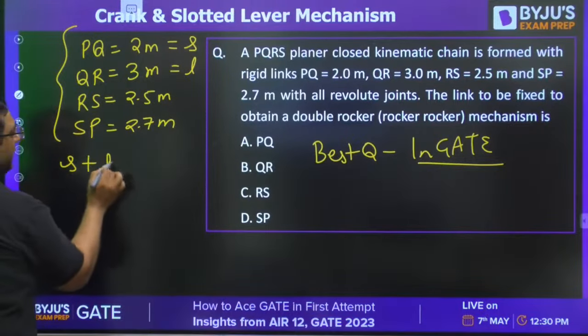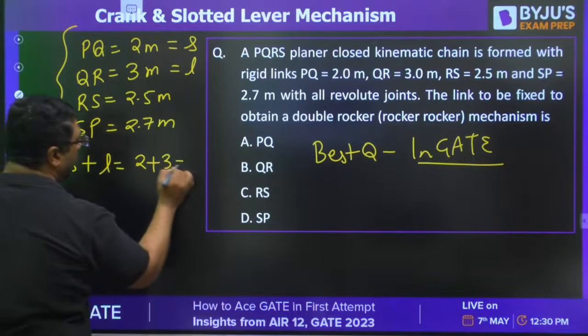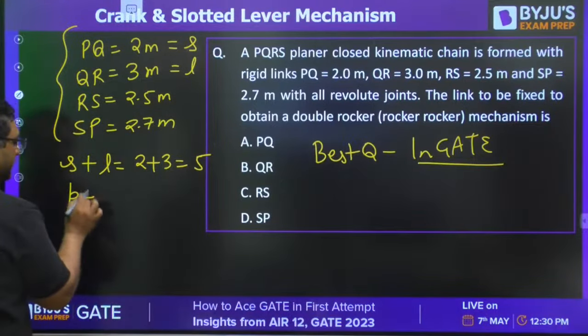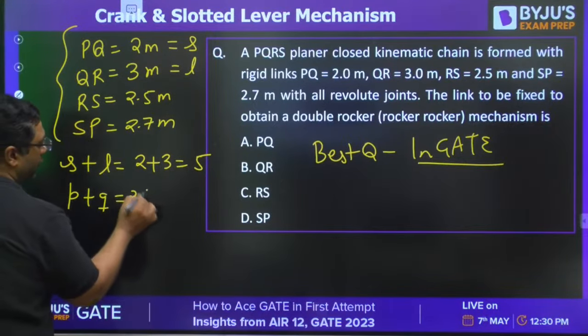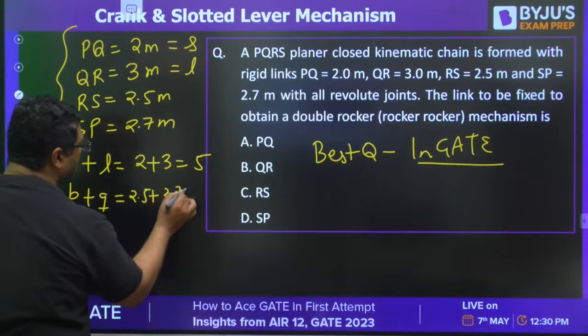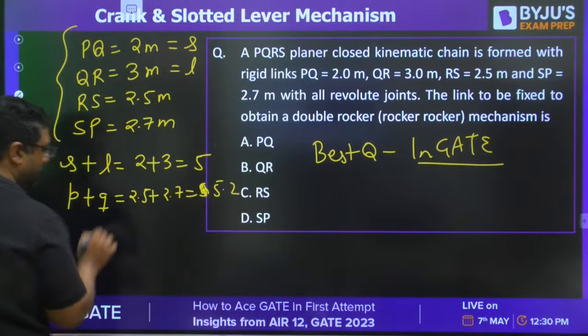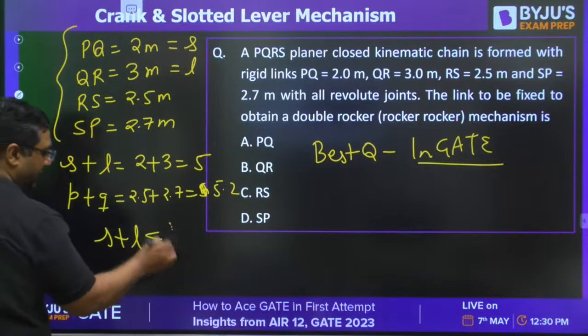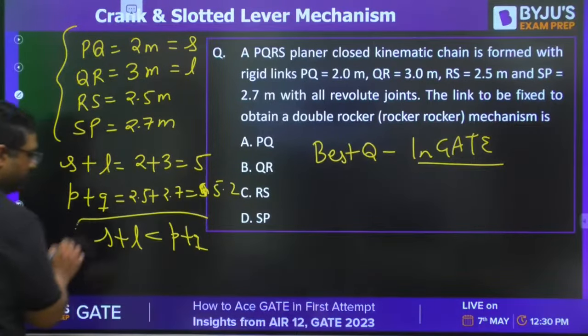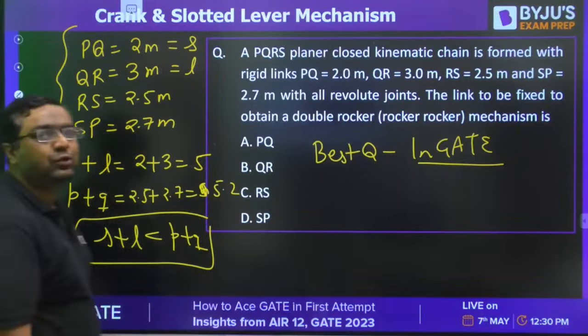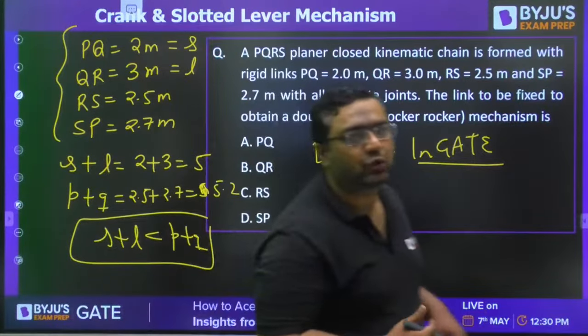S plus L is 2 plus 3, 5. P plus Q, 2.5 plus 2.7, it is 5.2. So S plus L is less than P plus Q. Law satisfied.